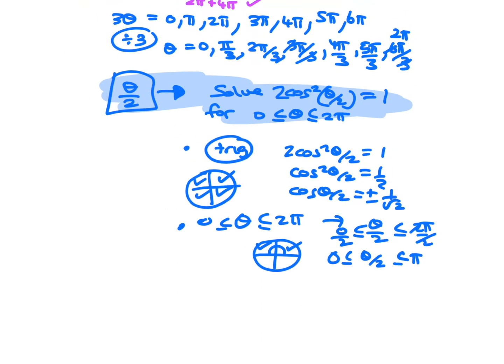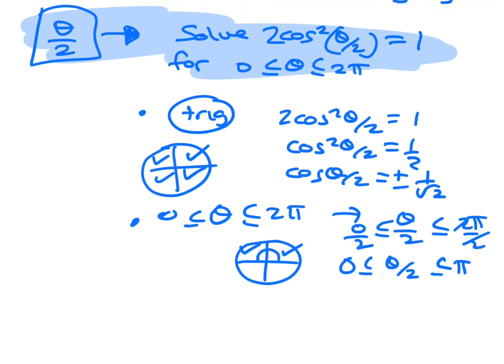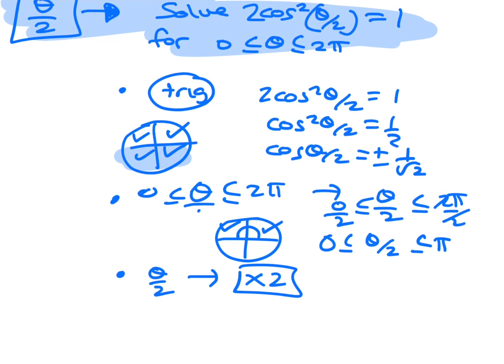You could solve for all of them, but the last 2, which is these 2 here down the bottom, they'll end up being out of the domain because when you solve, you're actually solving for theta on 2 and you'll have to get rid of the 2 by timesing by 2 and it'll push it out of the domain.